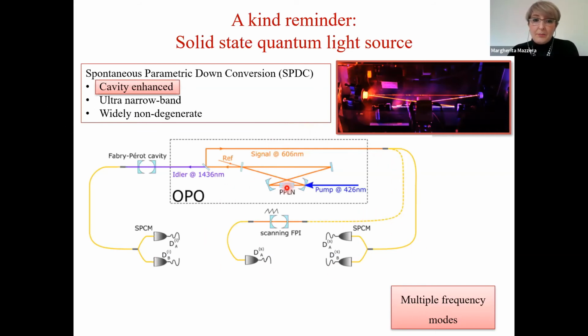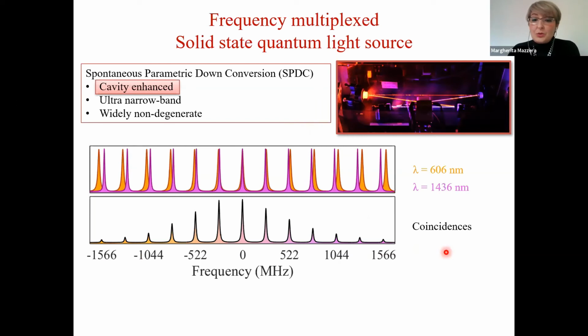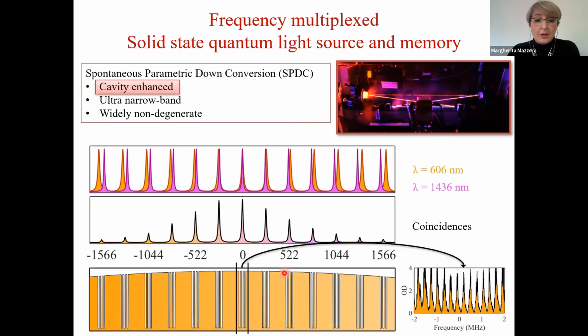We have our PPLN sample in the optical cavity. This means that by having the optical cavity, the spectral content of our single photon is spread over multiple frequency modes, of which we typically just use one, because we prepare our atomic frequency comb in a very reduced spectral region, about 400 megahertz.